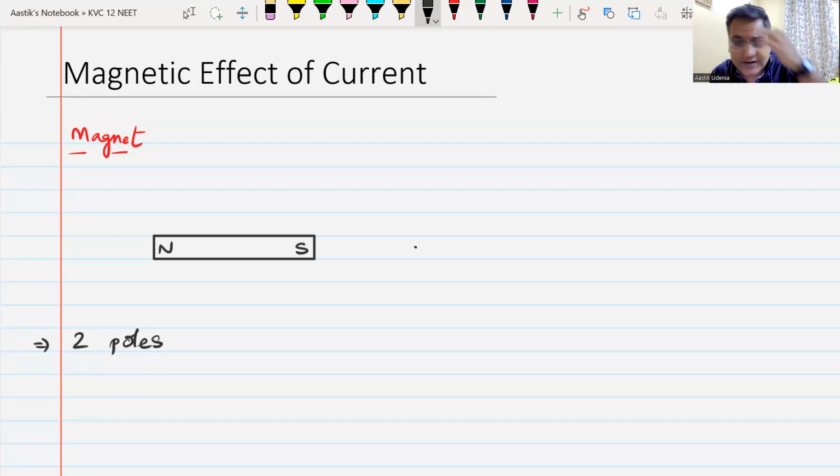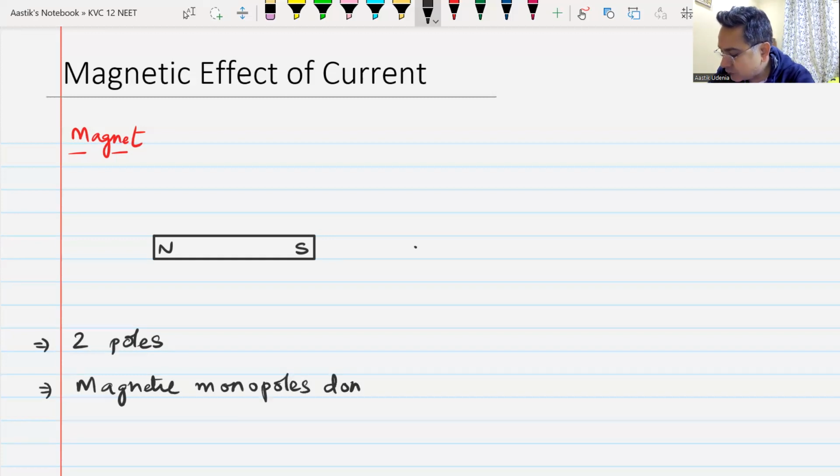No. Every magnet would always have two poles. So we write it like this: magnetic monopoles. Mono means one. Magnetic monopoles don't exist. So poles will always exist in pairs, right?